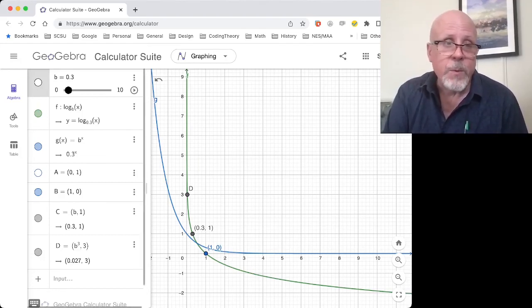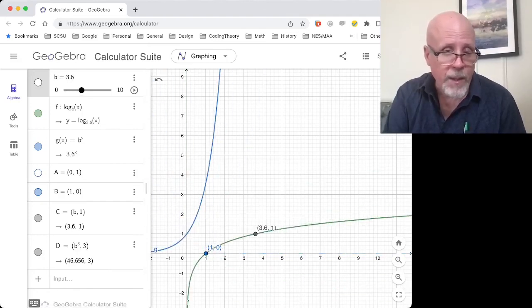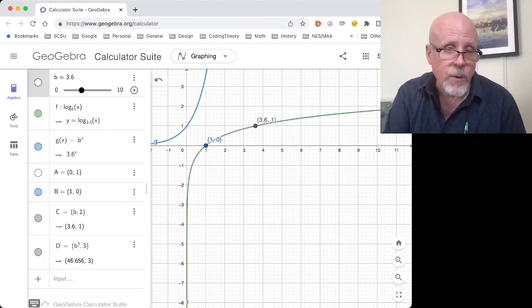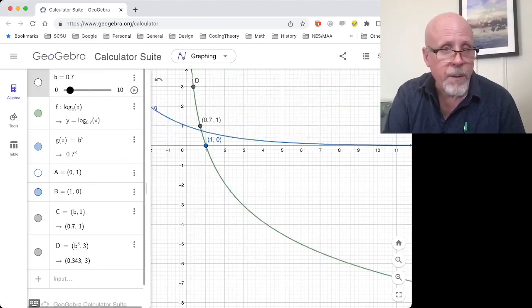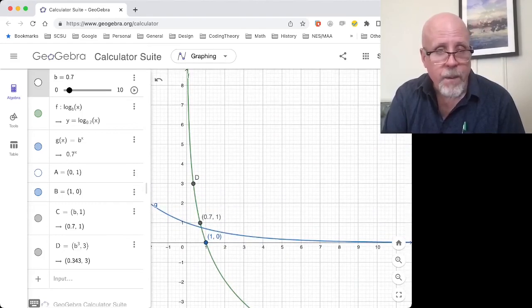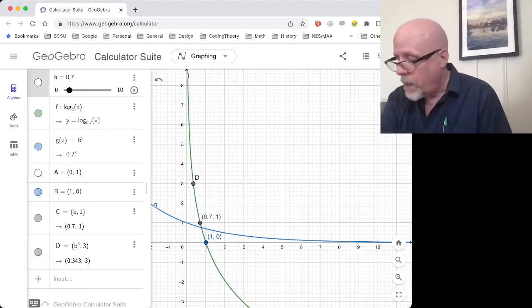And when we were bigger than 1, the logarithm had a tail or an asymptote that went down the negative y-axis. But when you flip to the other side of 1 for the base, that behavior switches as well. So the exponential has the positive x-axis as its asymptote, and the logarithm has the positive y-axis as its asymptote.